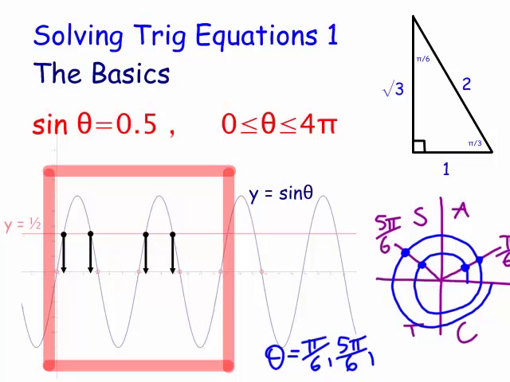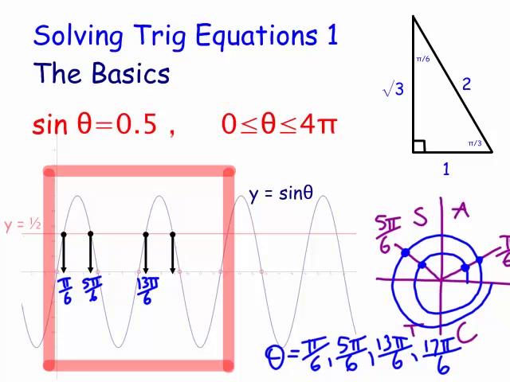So that's 12 pi on 6, which makes 13 pi on 6, and another 12 on to 5 gives 17 pi on 6. You can see these are our solutions: pi on 6 here, 5 pi on 6 here, and over here, 13 pi on 6.